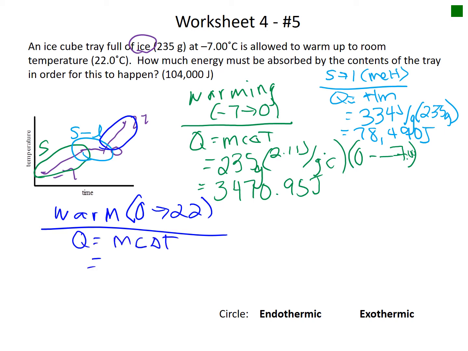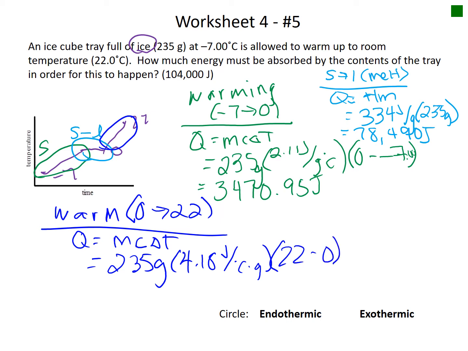My mass has not changed, so it's 235 grams. My C, because I'm dealing with a liquid, is 4.18 for water, which is joules per degree Celsius gram. My temperature change is final minus initial, so 22 minus 0. When you multiply all these numbers out, you get 21,610.6 joules.